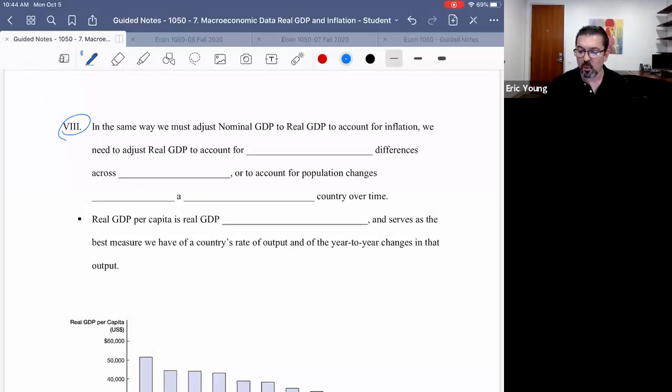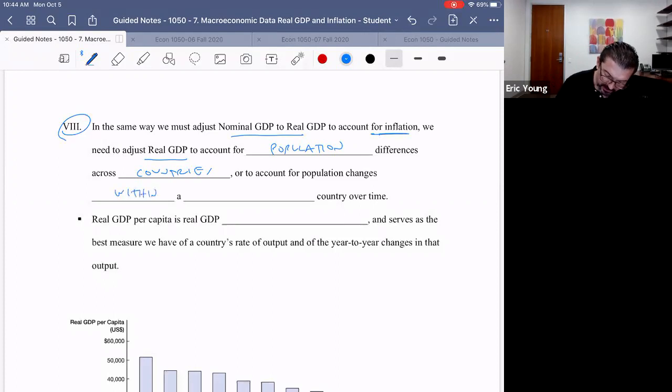In much the same way that we adjusted nominal to real to account for inflation, we have to do one more adjustment. We have to adjust real GDP to account for population differences across different countries, or to account for population changes within a single country over time.